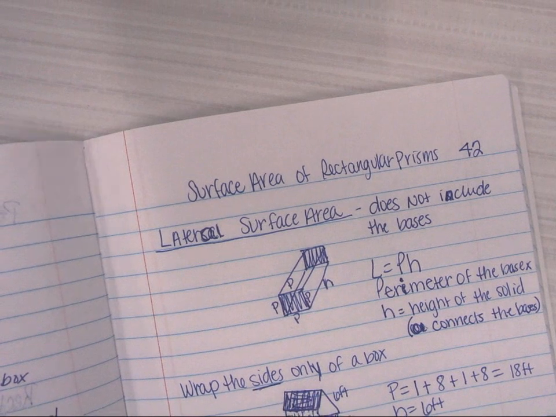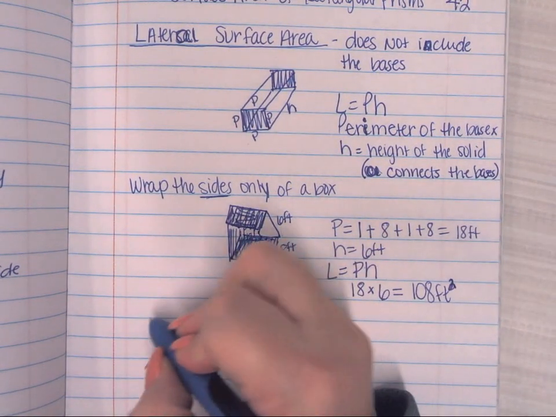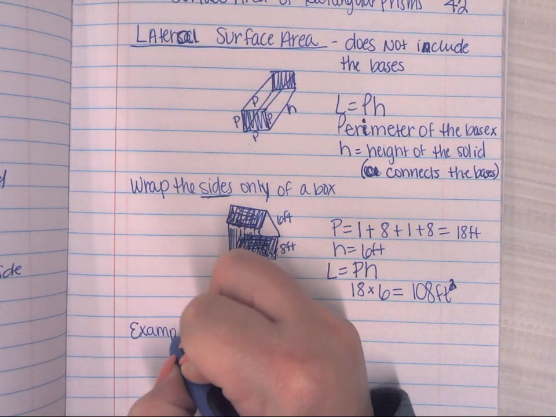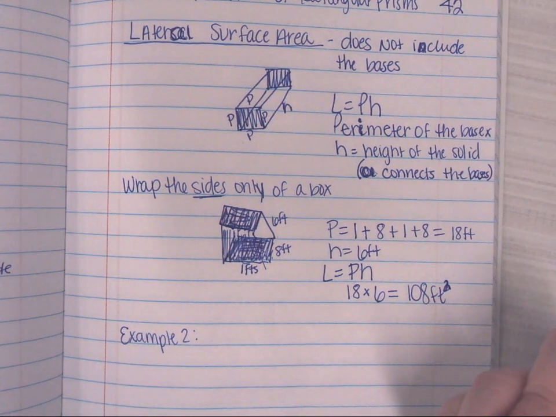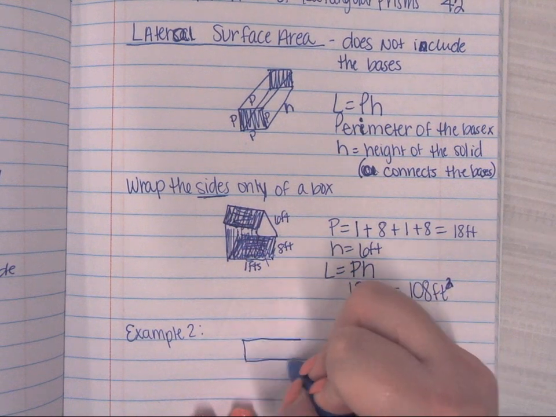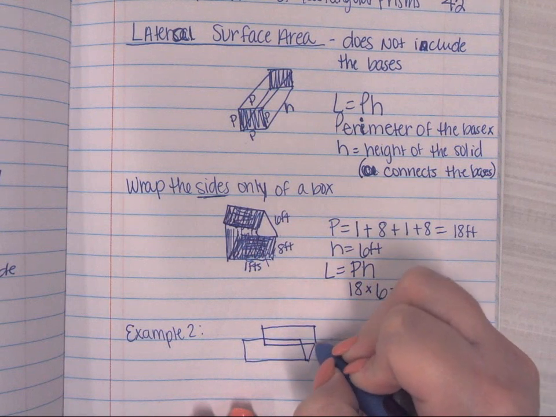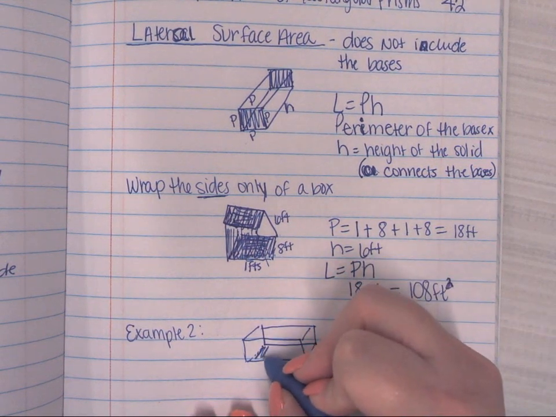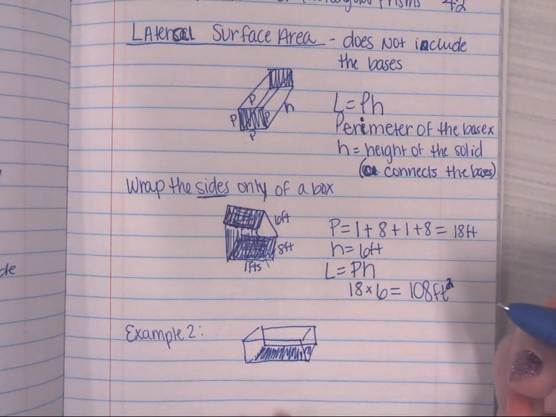Now let's do one more example of that. All right, let's say we have this, and this is my base. I'm just going to color one base because you know that they're parallel to each other.